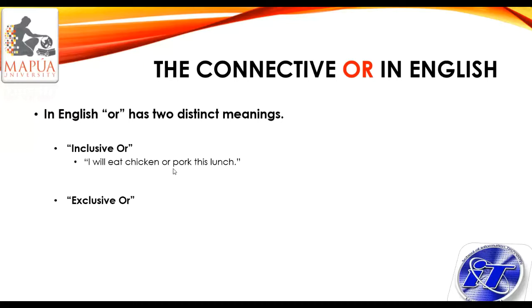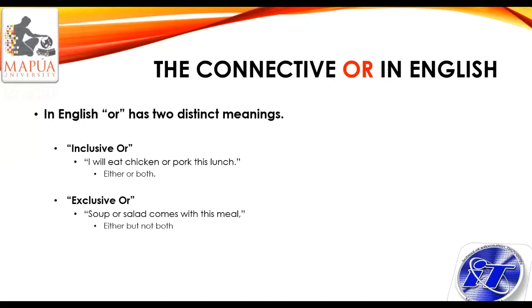Okay, so the second type of OR is exclusive OR, or XOR. In XOR, the statement will be true if and only if one of the propositions is true, but not both. So for example, soup or salad comes with the meal. So we can get either soup or salad, but not both.